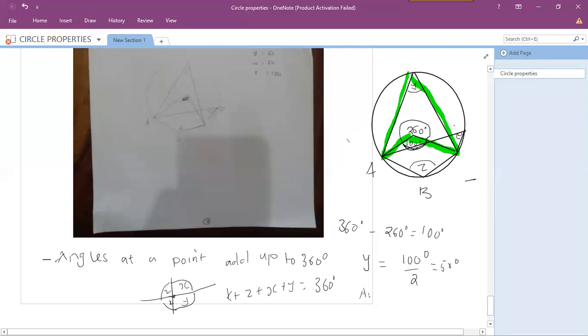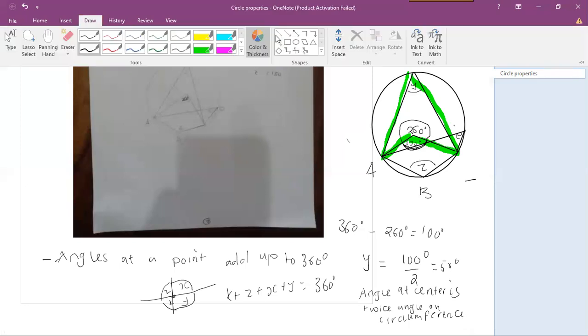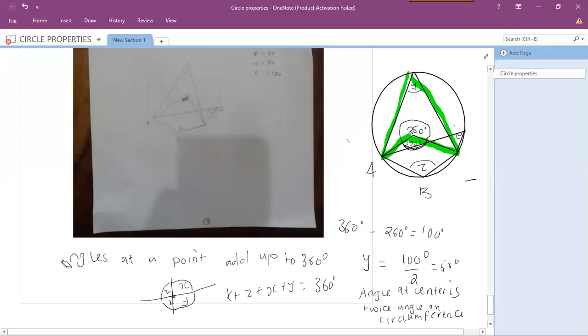Y, angle at center, is twice angle on circumference. Let me just rub this to give myself some working space.